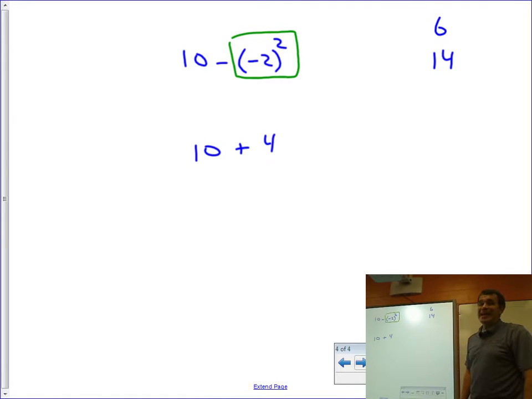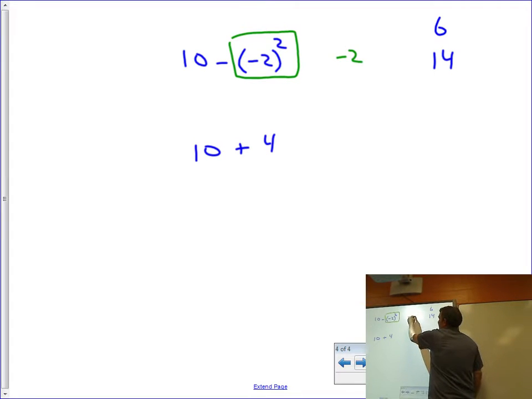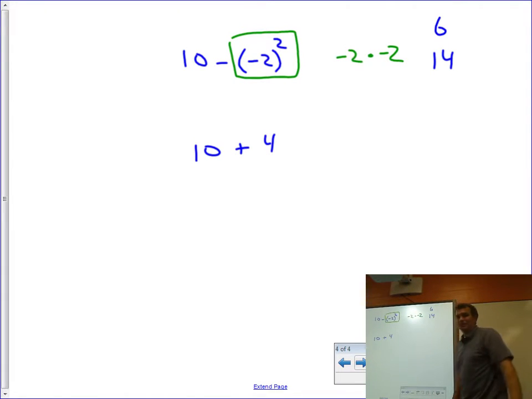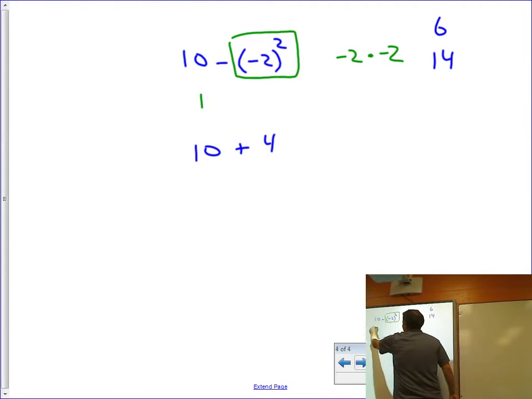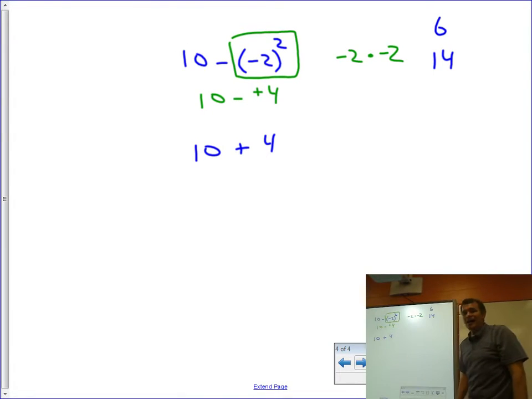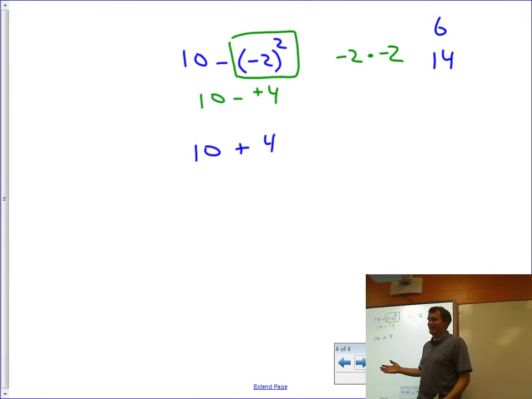And when you do -2 to the second power, remember, that's -2 times -2. You get a positive 4. So what you actually get here is 10 minus a positive 4. So the two minus signs do not get a chance to combine into a positive sign.